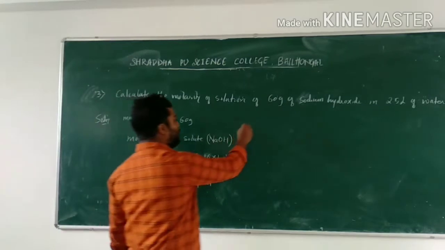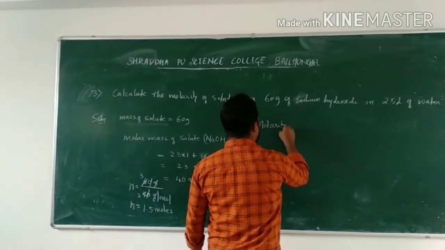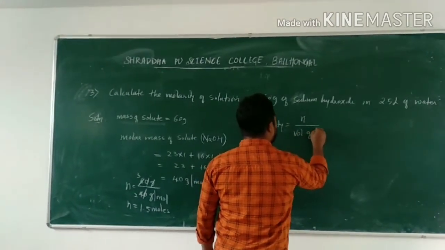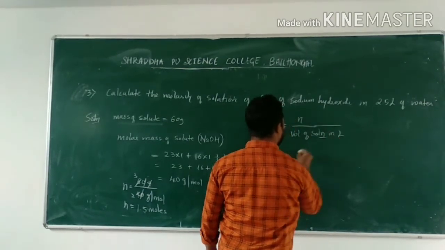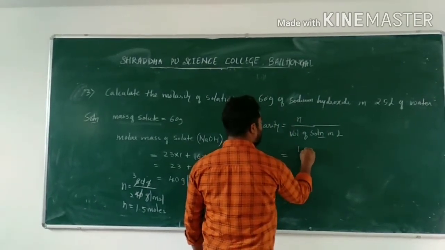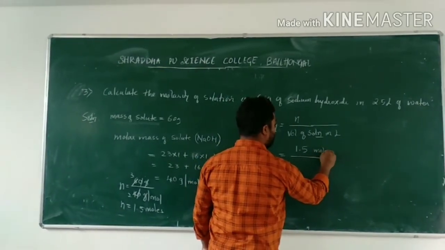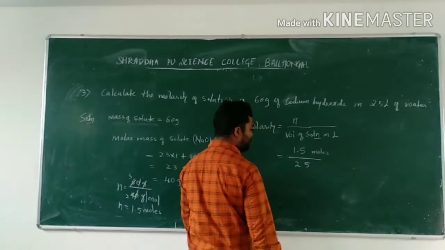Therefore molarity is equal to n divided by volume of the solution in liters. So number of moles is 1.5 moles, divided by 2.5 liters.